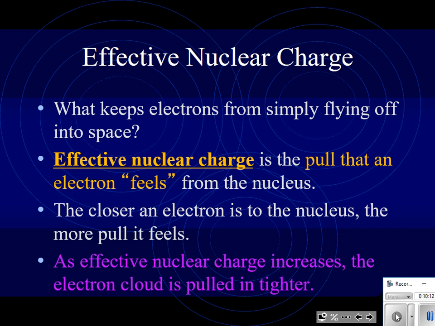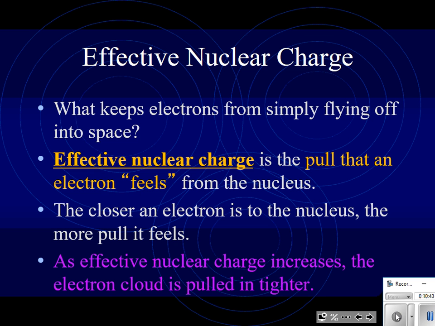It keeps those electrons orbiting that nucleus and not falling off into space somewhere. If we go to the planetary model, what keeps our planets around the sun? Gravity. So this effective nuclear charge is like the gravity of the atom. It keeps those electrons there.